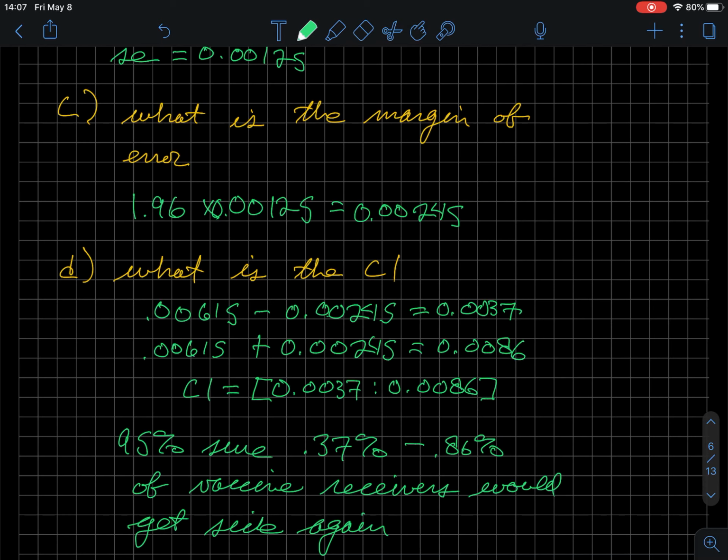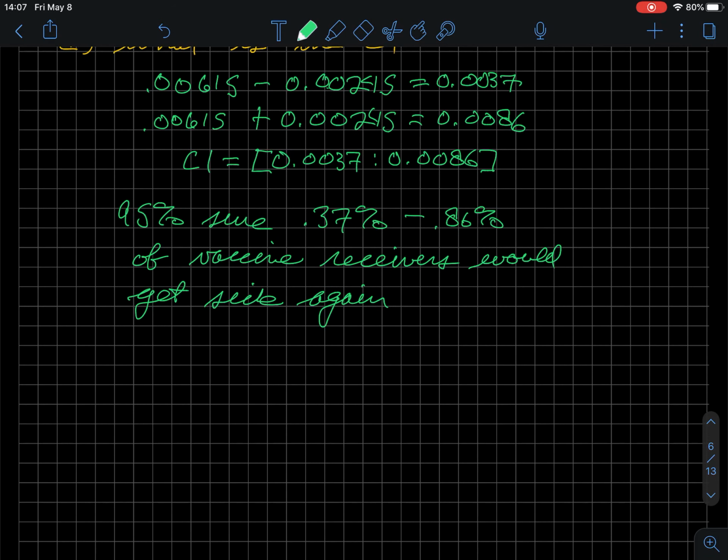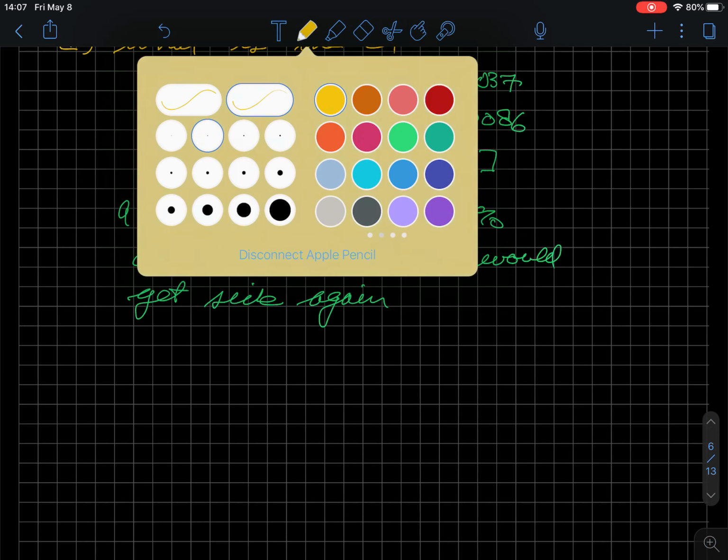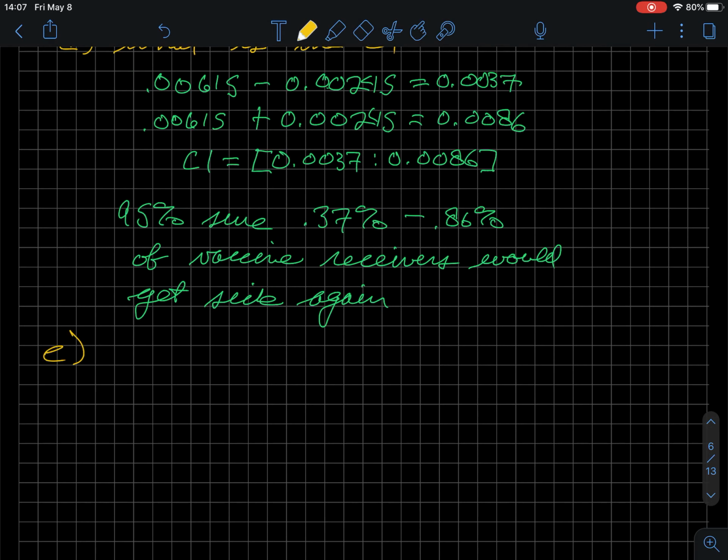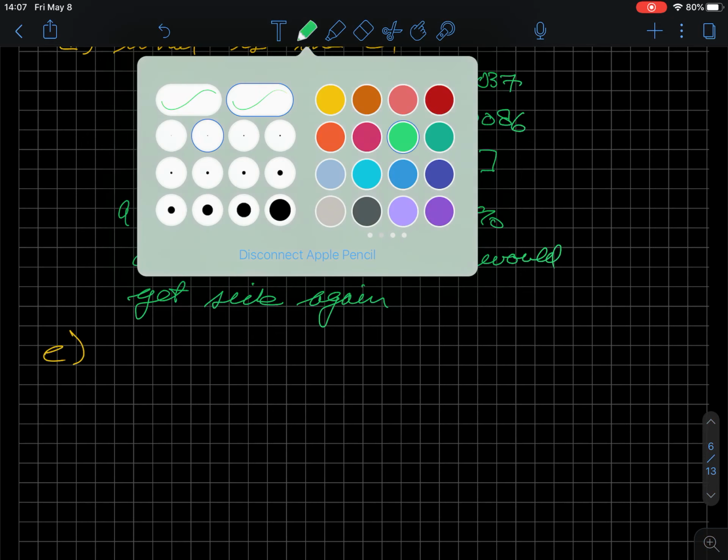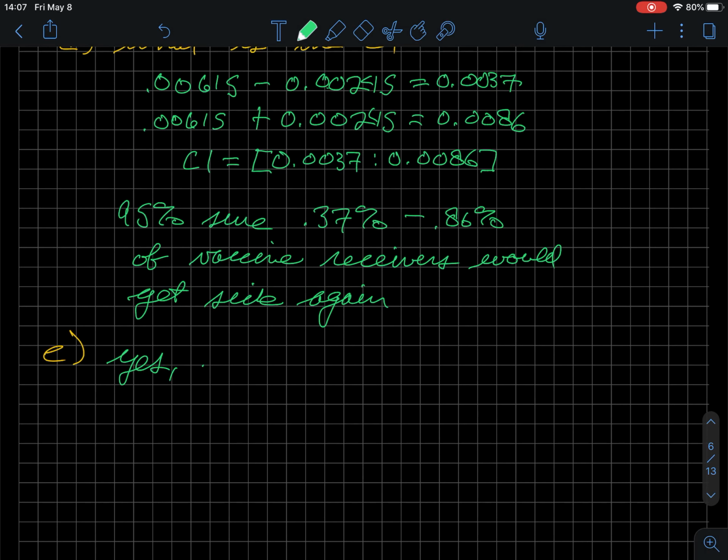So that's what we've found. Then for part E, can we conclude that fewer than 1% of all people vaccinated with the vaccine will develop the flu? Our answer is yes, because the upper bound, 0.86%, is less than 1%. Not so bad, right? Pretty okay, I would hope.